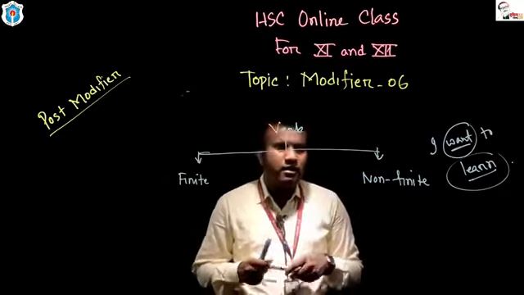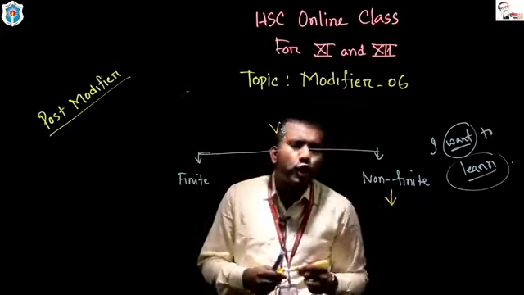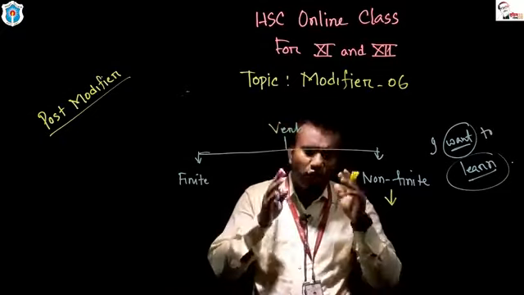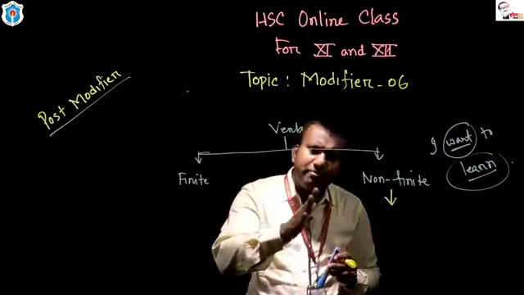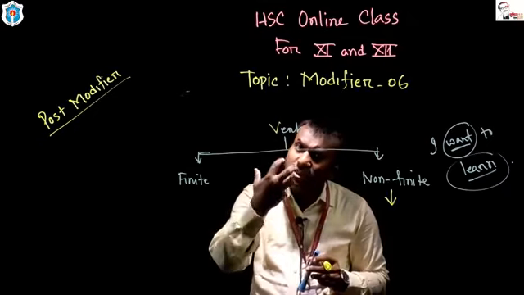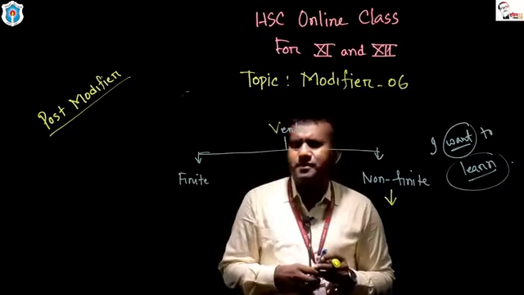Now, let us talk about non-finite verb. Non-finite verbs don't possess any subject in the sentence. With a non-finite verb, you are unable to identify the tense of a sentence.